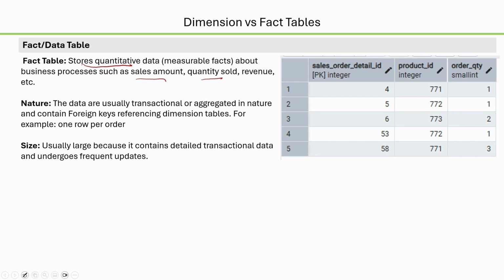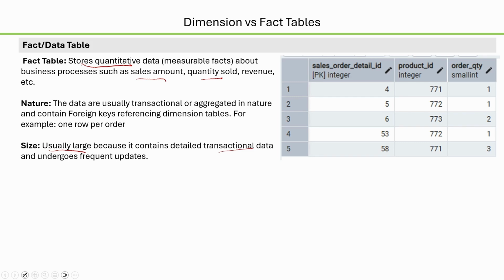We're going to dive into some examples later on in this session. In terms of size, a fact table is usually very large, and I'm going to explain that. It contains transaction data, and the reason it's large is because it undergoes frequent updates. What do we mean by quantitative data?